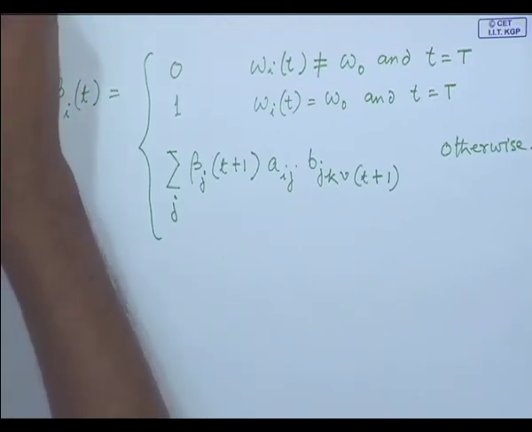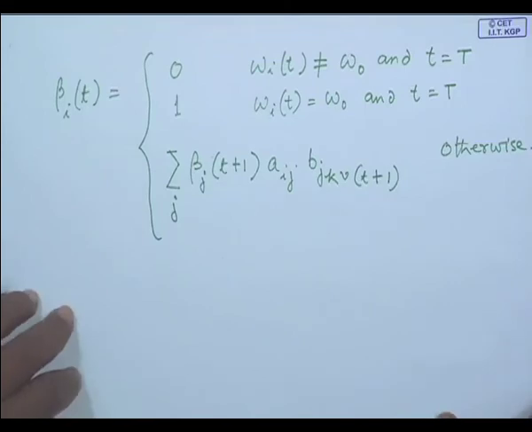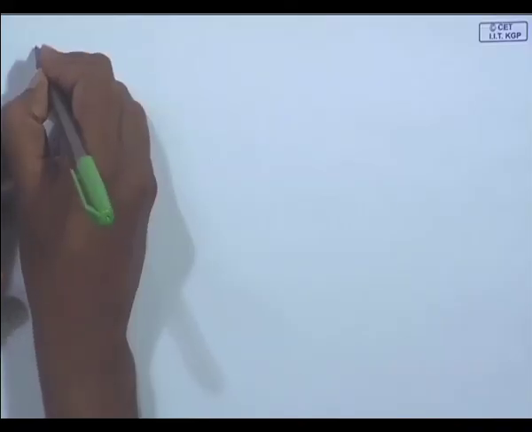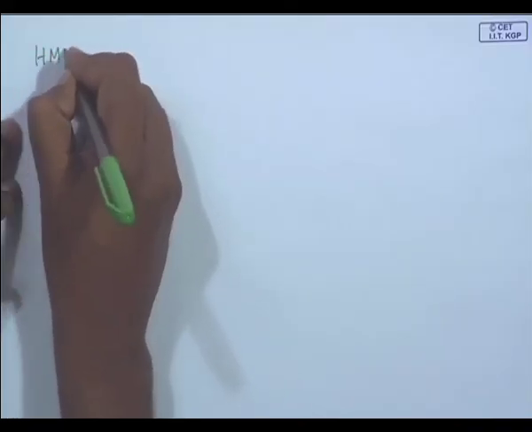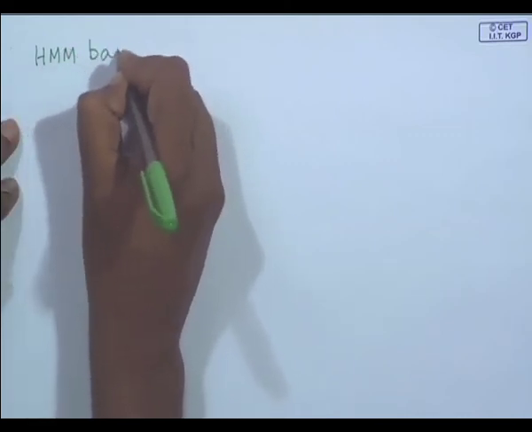So, as we define this, we can also write an algorithm, this backward algorithm, which we will term as HMM backward. Okay. So, earlier we have written the HMM forward algorithm. So, now I write HMM backward.